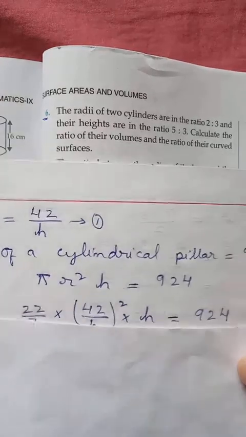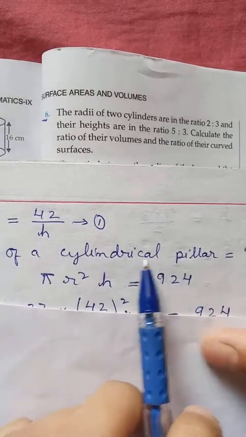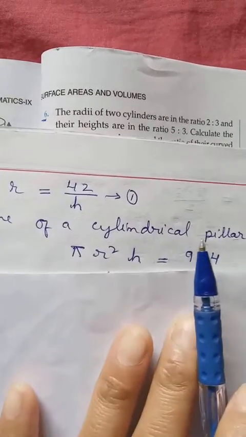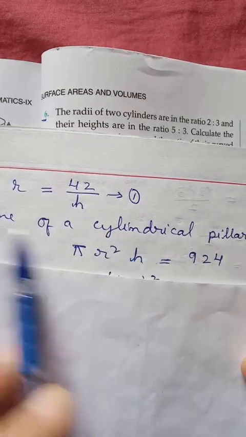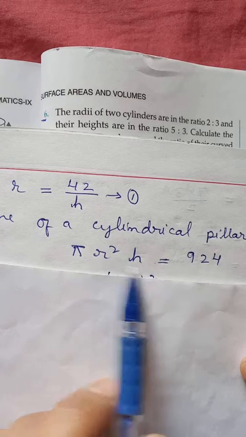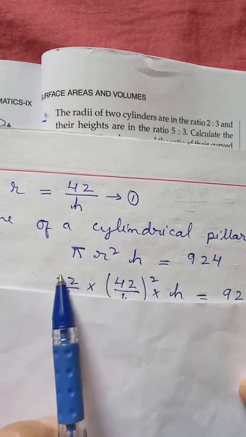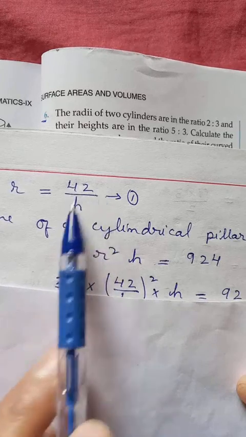Then we have the second condition of the question. They give us the volume of the cylinder to be 924 centimeter cube. So let's make use of that. We know the formula of volume of cylinder is pi r square h. Pi we know, the value 22 by 7. R we have from equation 1, 42 by h.